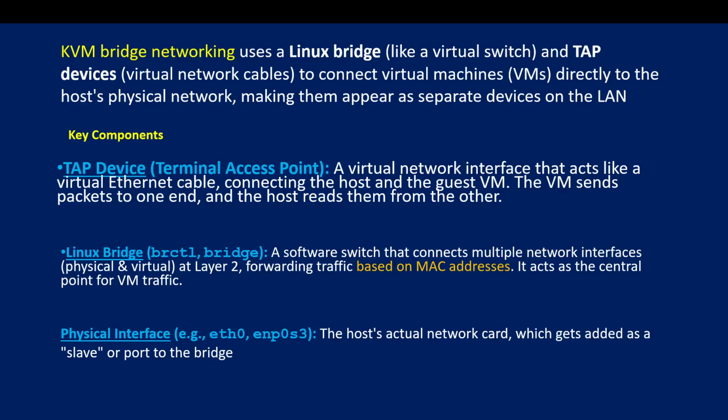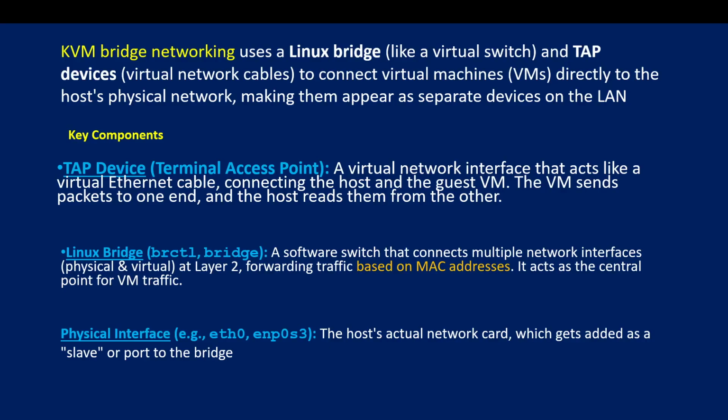So the first thing is what is KVM bridge networking, which is very important to connect the virtual machine to the KVM host machine. Suppose we take an example where we are installing an Ubuntu machine on a physical machine. We can treat that machine as the KVM host machine, and we need to install some KVM-related packages.